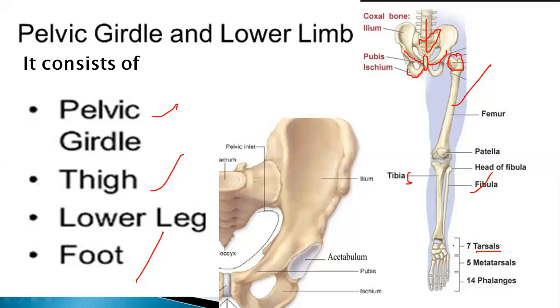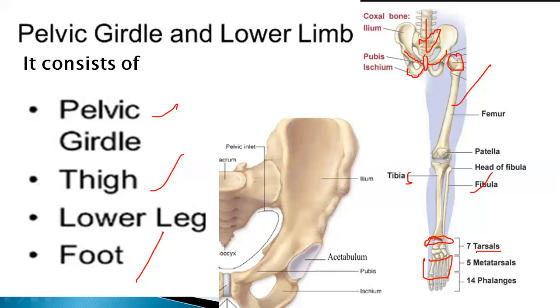They are 7 in number. This helps for the articulation and movement, it gives the position to our feet. Then metatarsals, there are 5 bones, and then like phalanges in the hands, in the feet they are also 14.